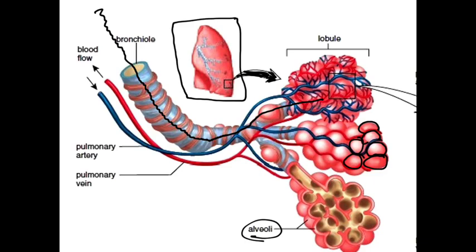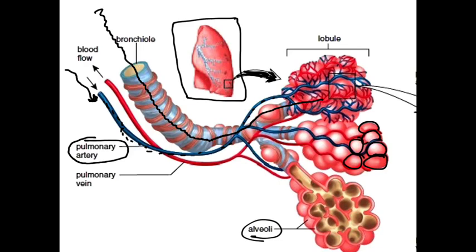Around each of these alveoli is a series of blood vessels. And you see here both red and blue vessels. The blood coming into the lungs is traveling on branches of the pulmonary artery. And remember, this is blue blood. So we see blue blood coming down, and that blue blood is going to go into the alveoli.